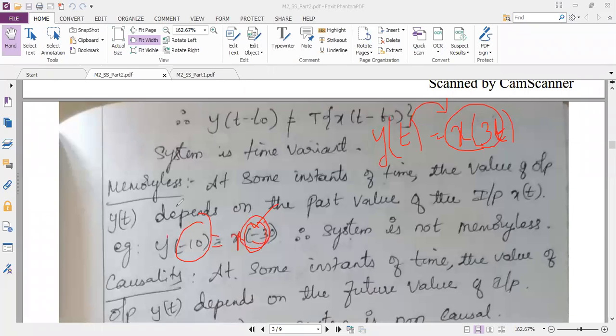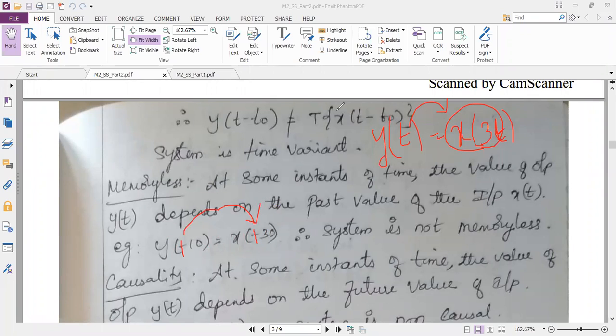That means I can say the output depends upon the past values of the input. The output y of minus 10 depends upon the past value of the input because it is x of minus 30. Similarly, if I take t as plus 10, then my output is x of plus 30, so my output now depends upon a future value.